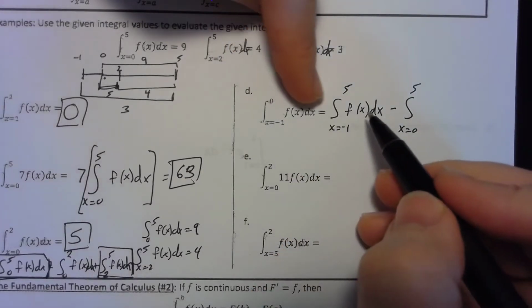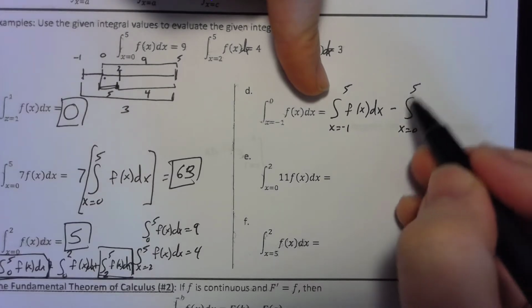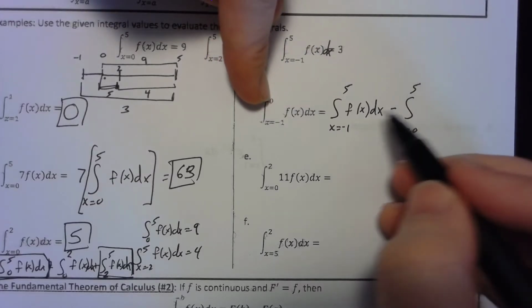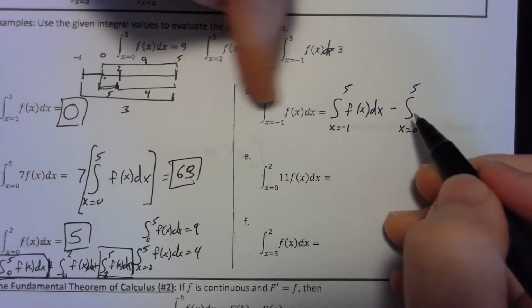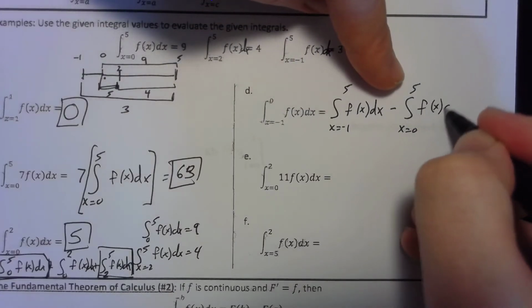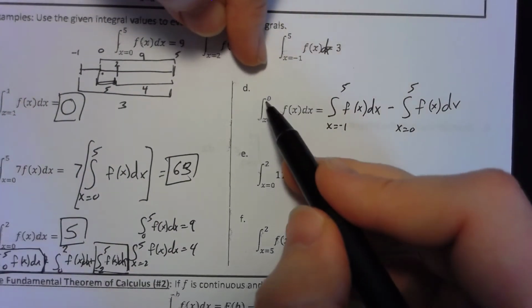I want just that space. So if this is the total area, I need to remove the area that I don't want. So if I remove that particular integral, I should be able to find the total area from -1 to 0.